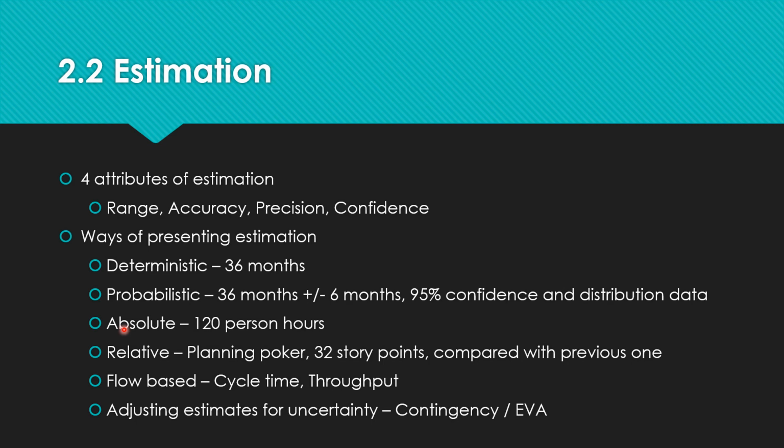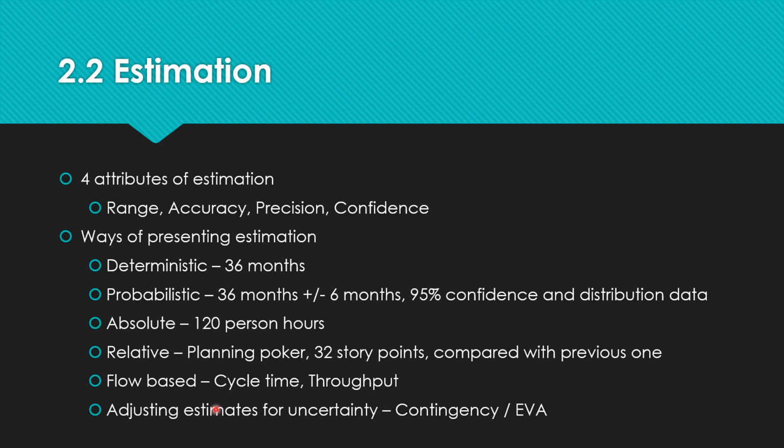We use the method called planning poker, which tells how long it's going to take compared to my previous story, right? Compared to an earlier story that took 20 story points, this might take 24 story points. So compare and see how big it is relatively, get into a consensus, and then go with an estimate.